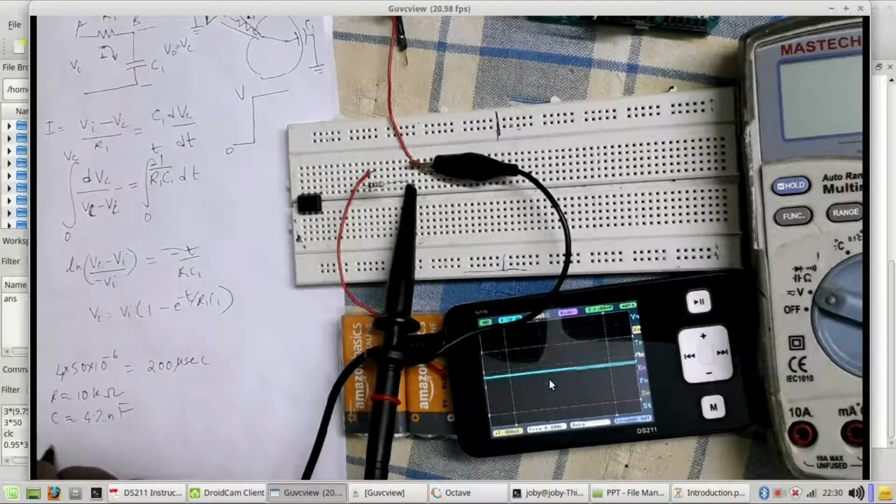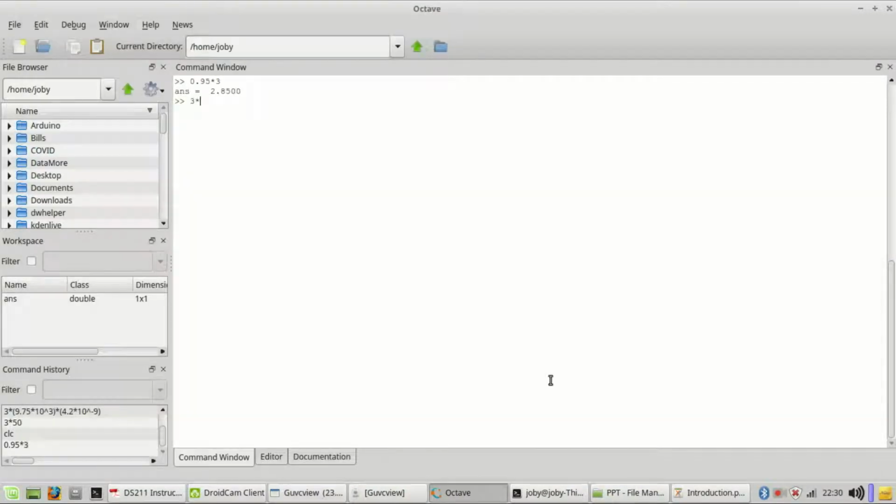So 3 tau equals 3 RC, approximately 3 into 10 to the power 3 into 4.2 into 10 to the power minus 9 farad, around 126, roughly 126 microseconds.